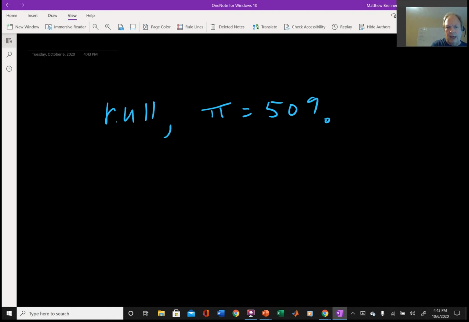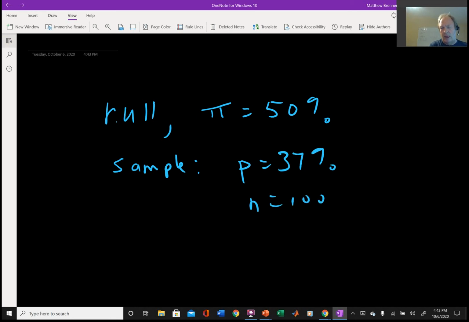And what I get from the sample is a sample percentage of 37% using a sample size of 100. And I want to know what is the test statistic. In other words, this is the value that I'm testing the null hypothesis with.